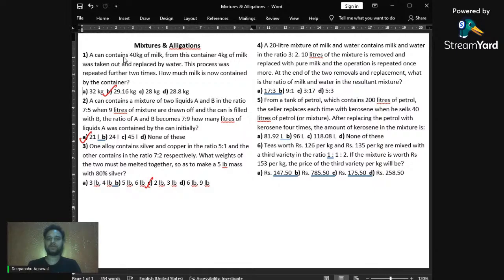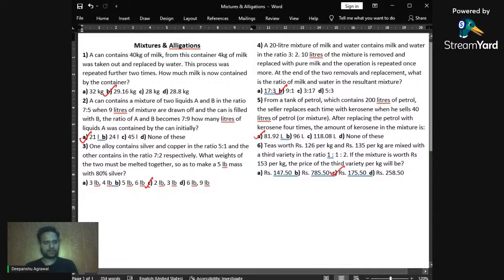Question number four, answer is 9 is to 1. Question number five, answer is 81.92. Question number six, answer is 126, and the mixture would be worth 175.5. This is the answer.